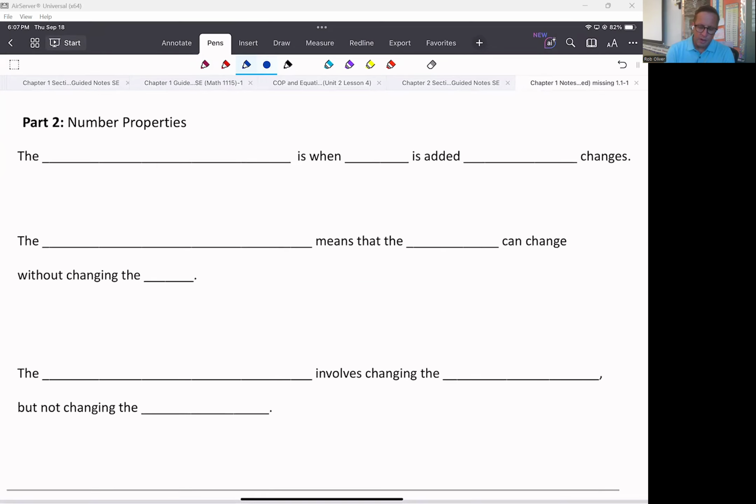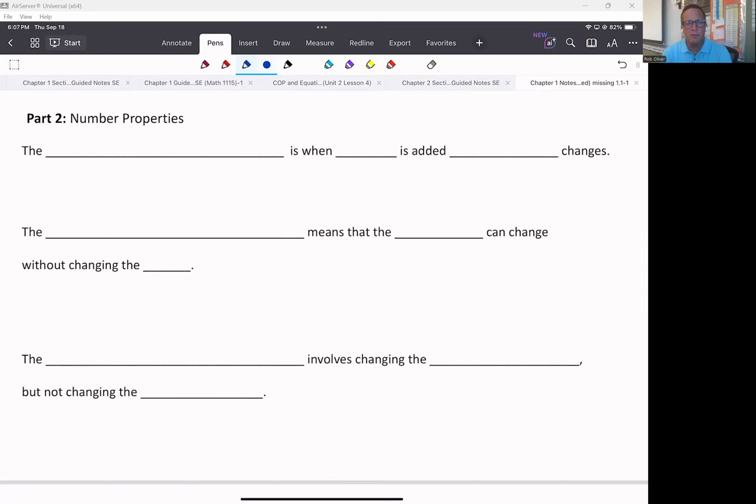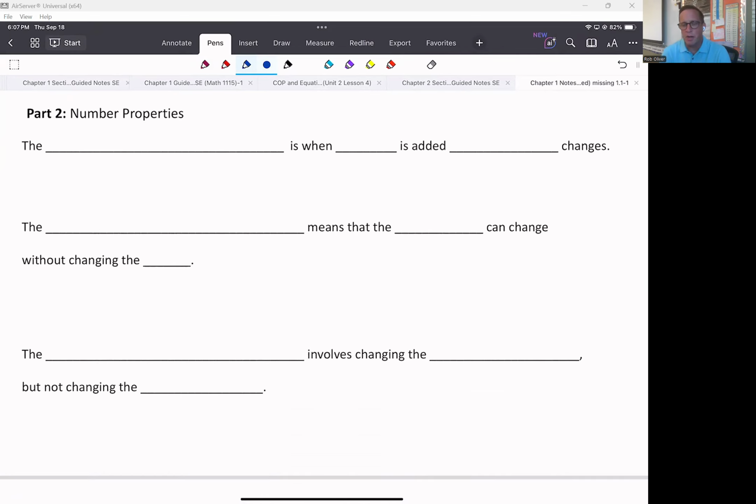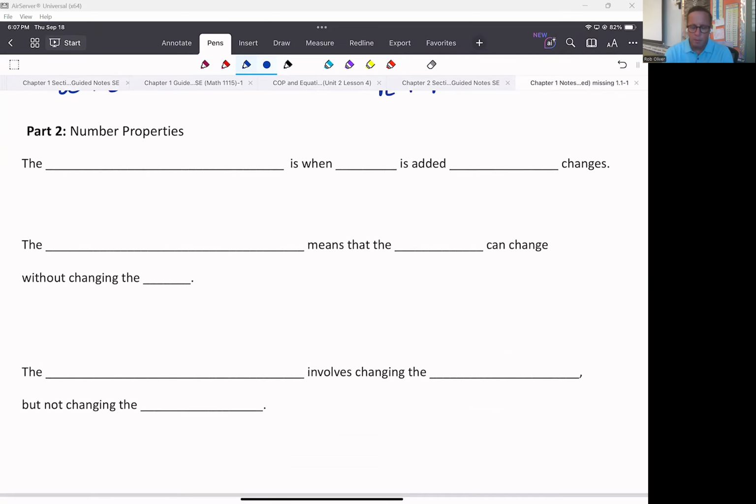All right, now in part 2, we get into just a few number properties, which are kind of important. The first number property that we're going to talk about is called the identity property. There are a few identity properties, but we're going to call this the identity property of addition.